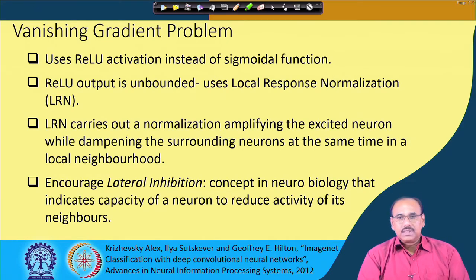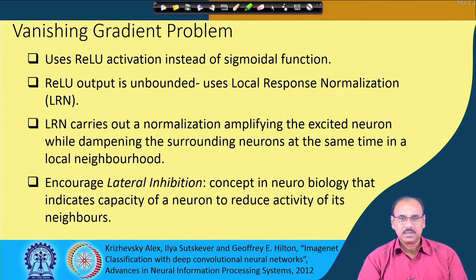Then earlier we also discussed a problem called the vanishing gradient problem, and we have seen that if your nonlinear activation function is a sigmoidal function or a tan hyperbolic function, then there is a risk of vanishing gradient.